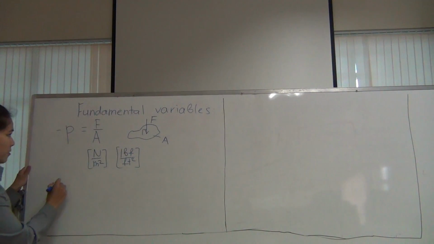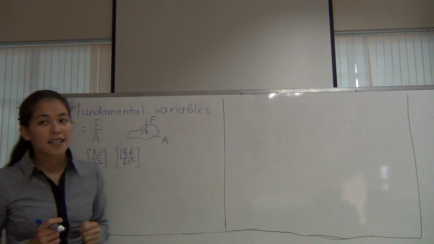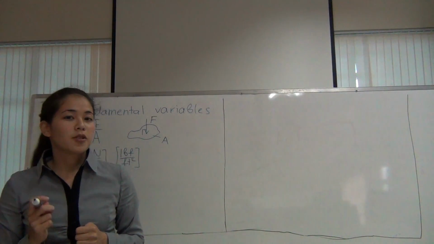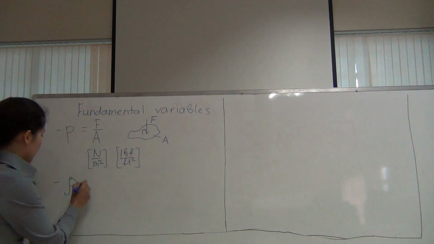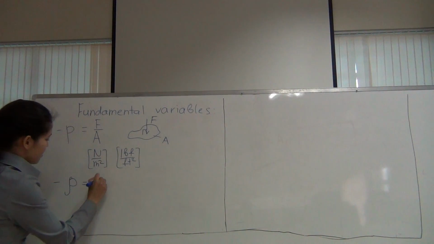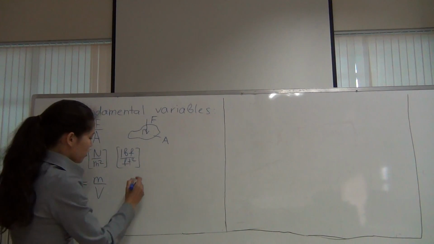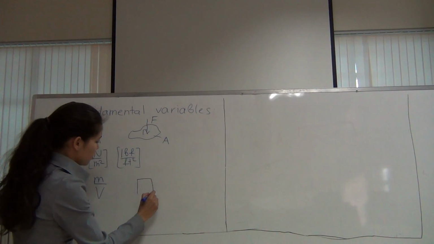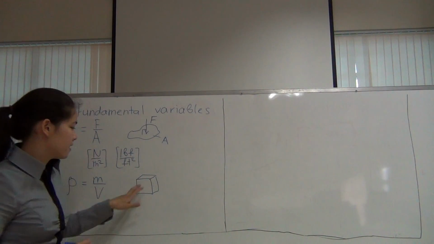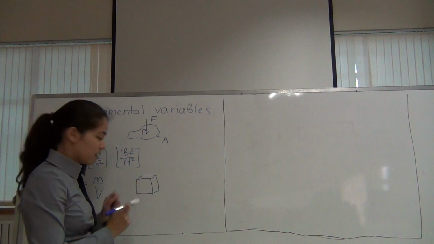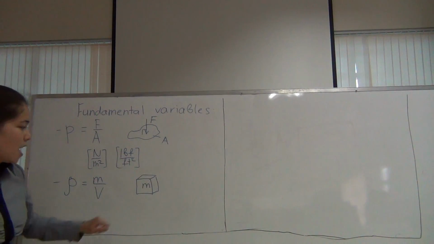The next variable is density. And density is how much substance you have in a unit volume. So density equals mass divided by volume. If you have a unit volume, like this cube for example, then the density of the substance inside this cube will be equal to the mass of the substance divided by the volume.